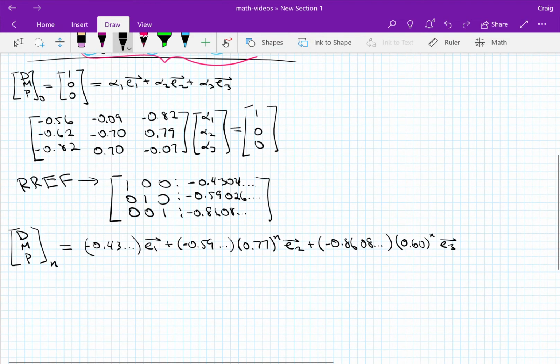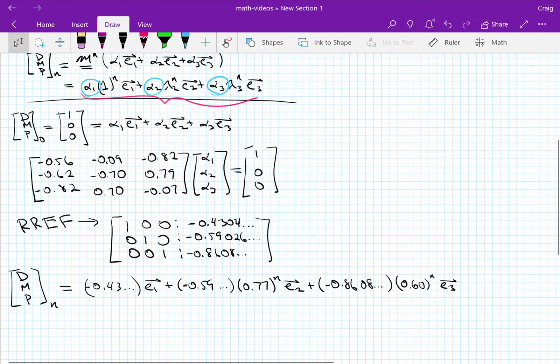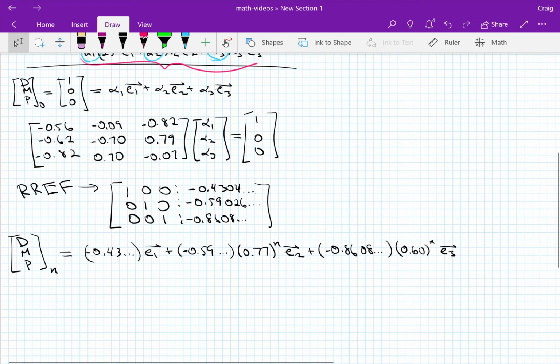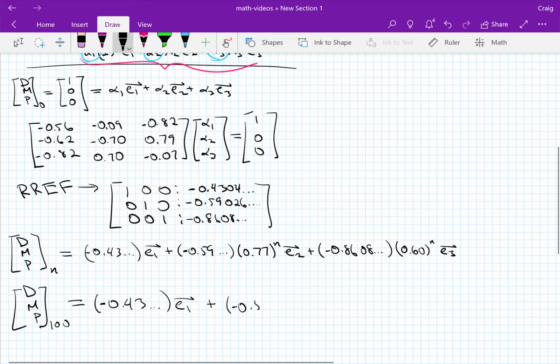Okay, and so for instance, if I want to know what the population is after 100 years, we could all be dead, the United States may no longer exist, but let's suppose that Delaware, Maryland, and Pennsylvania do. So after 100 years, DMP 100 will be negative 0.43... times E1, plus minus 0.59.